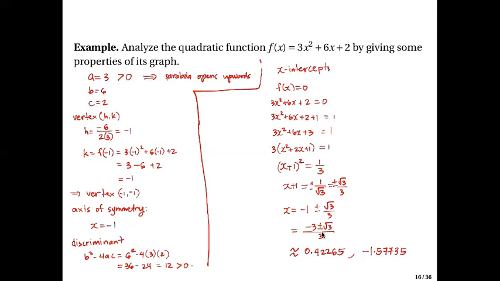Okay? So these are the approximate values of the x coordinates for the x-intercepts.